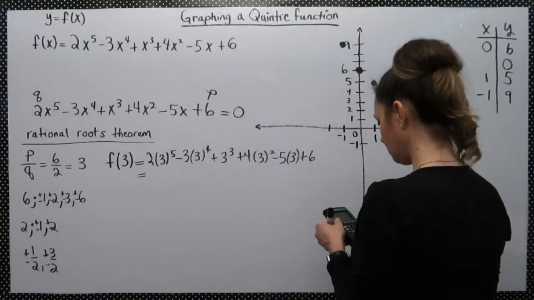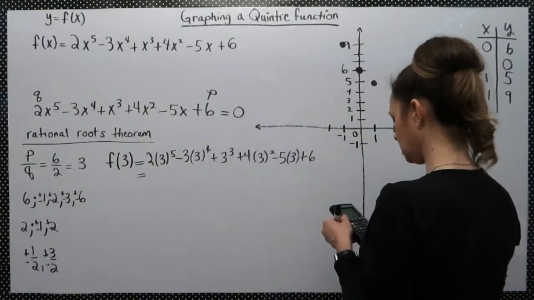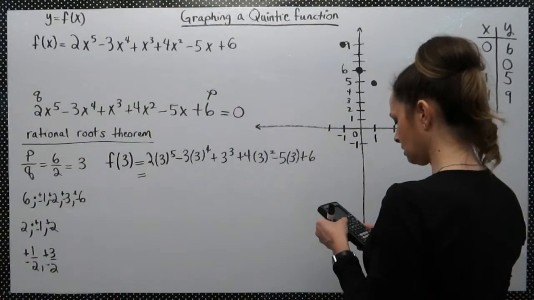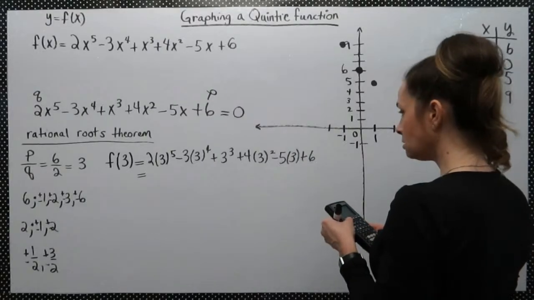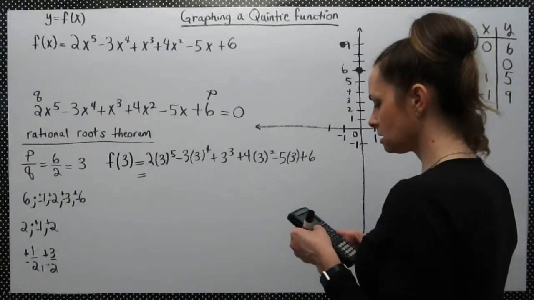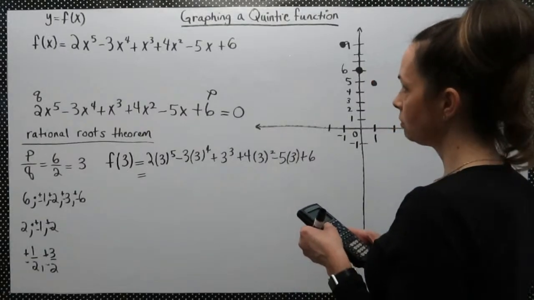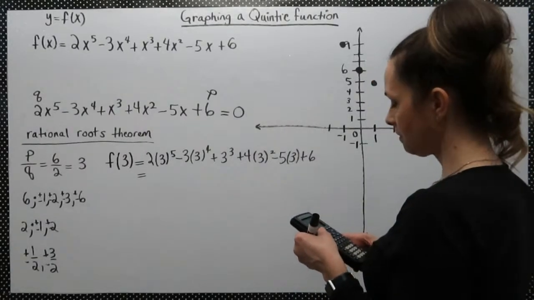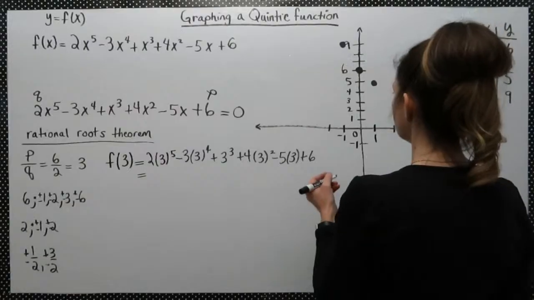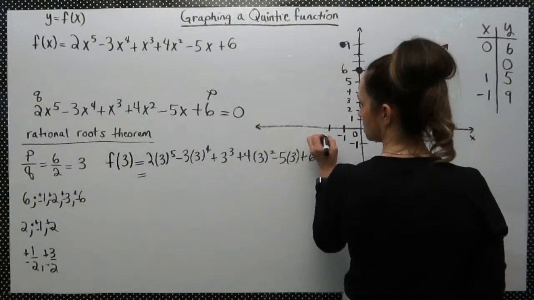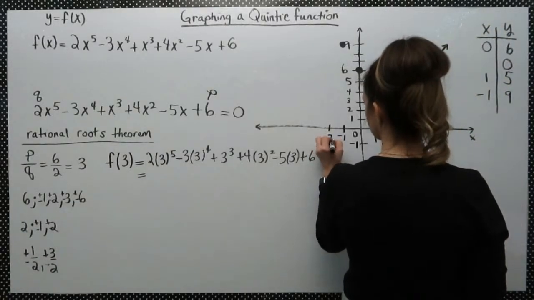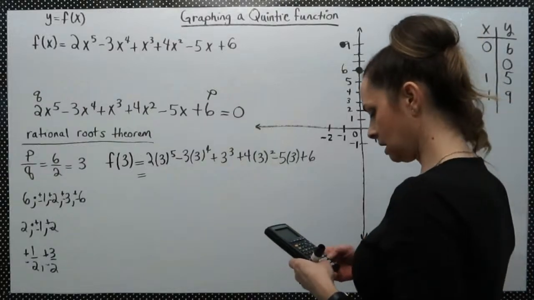So maybe I don't have it incorrectly. Let's see. 2x to the 5th minus 3x to the 4th plus x cubed plus 4x squared minus 5x plus 6. Yeah, so definitely not 3. Let's try -2. -3 first.